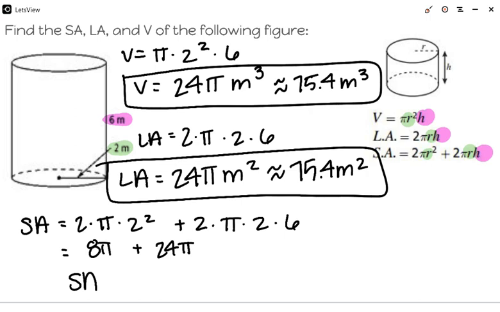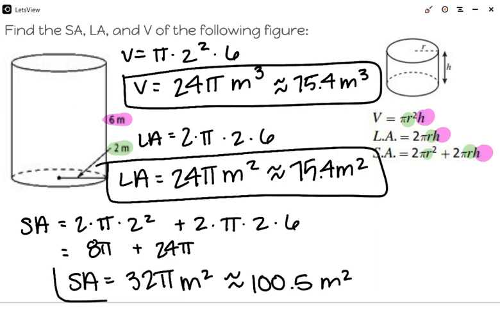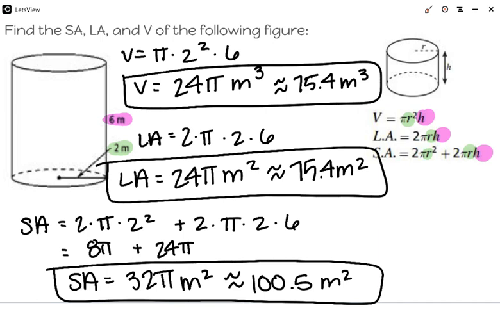So we have that our surface area equals 32 pi. Don't forget our units, meters squared, which is approximately 100.5 meters squared. Okay, that is how we would go about these.